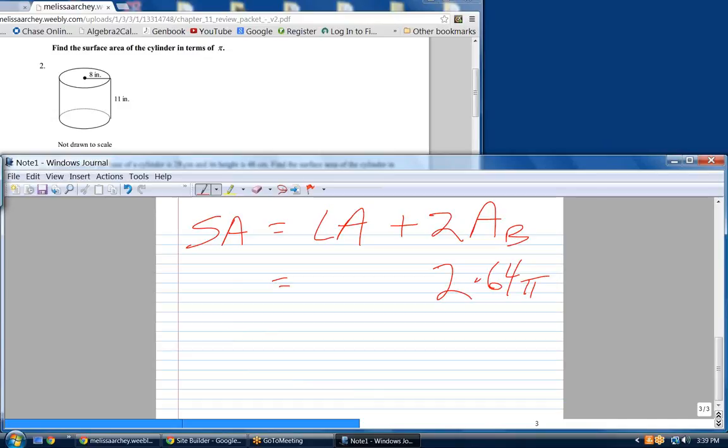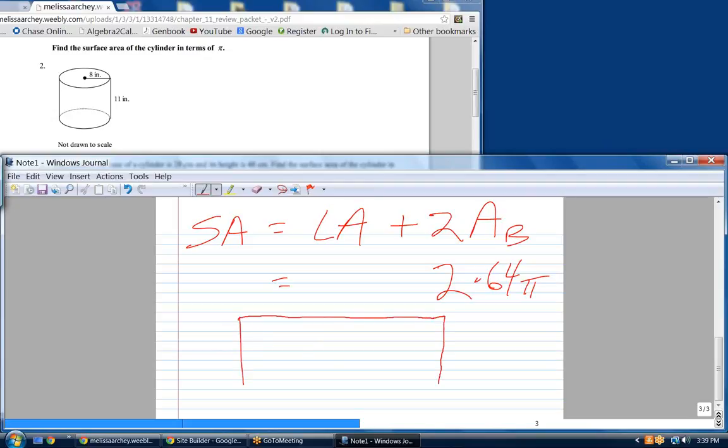What analogy have I taught you to use here? A soup can. Right. The label of a soup can. If this was a soup can and it had a label around it that just barely fit, and then we unfolded that label, we would want the area of that label, correct?